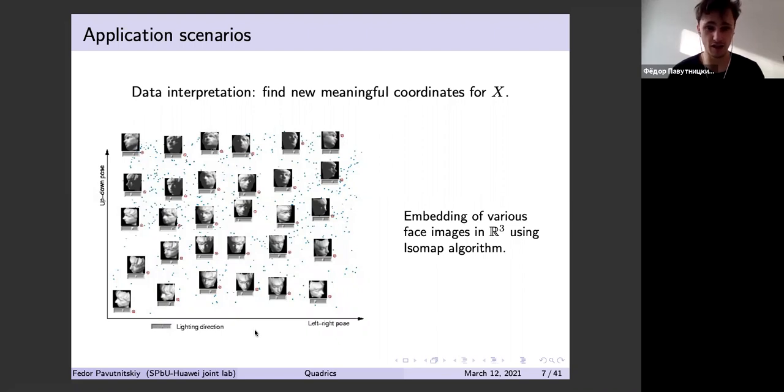As you can see here, one of the coordinates is pose from left to right, another one is pose from up to down, and the third coordinate is represented by a slider here. It's the lighting direction. This way, of course, data interpretation is much more powerful than just visualization, because we can see what we can change in the data so that the data will change in a predictable way. So this is really important.